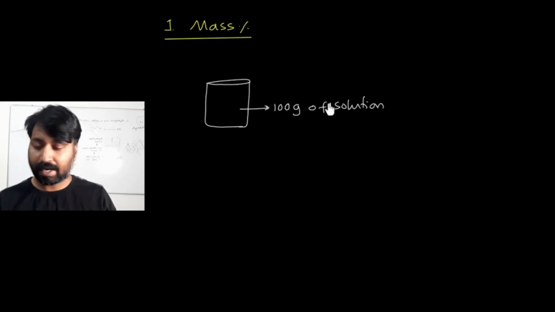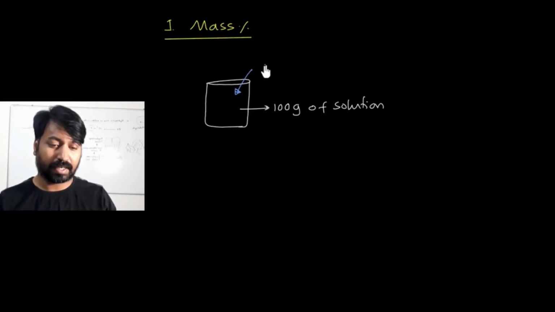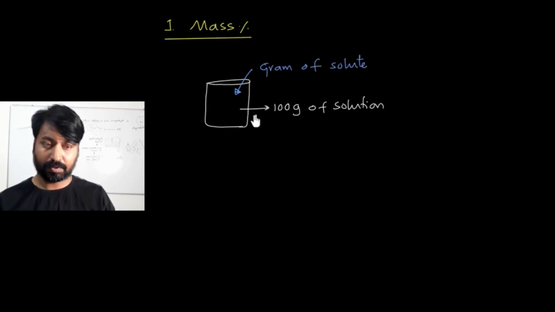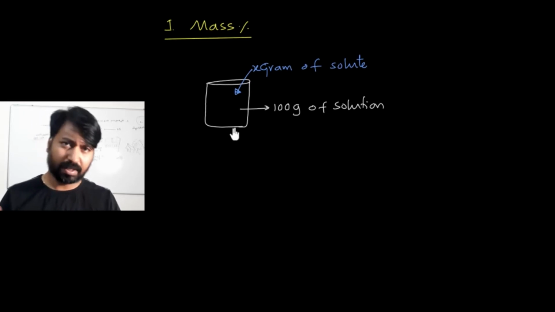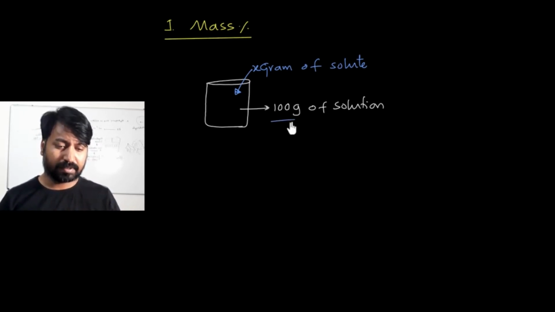In that, a certain gram of solute is added. Let me take x gram of solute dissolved in a certain amount of solvent, and together when we combine solute and solvent, the total weight of the solution should be 100 grams. This is a very important part.